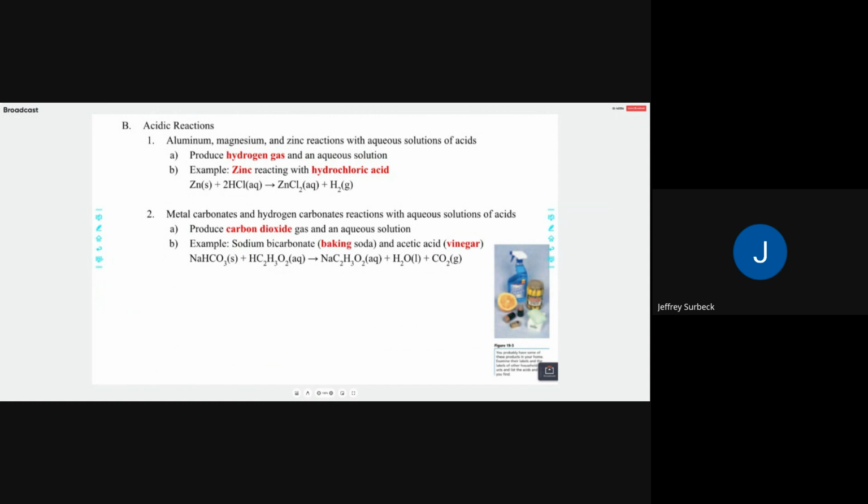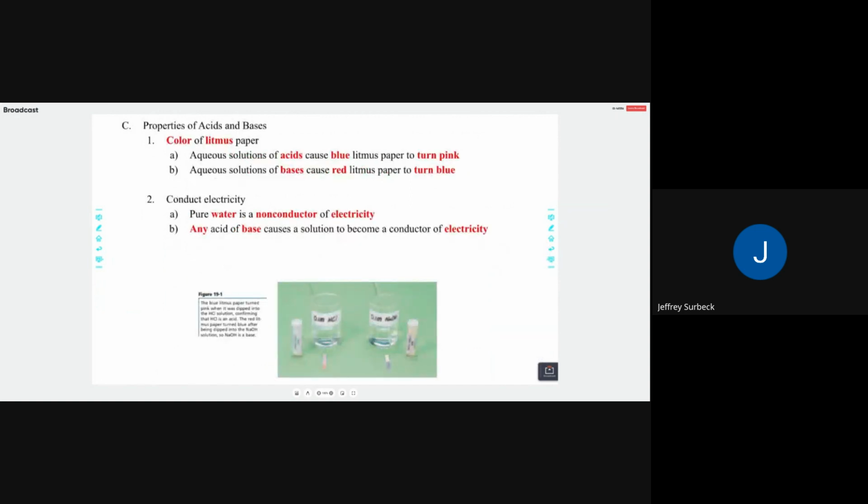So those are some of our basic building blocks. Now, with litmus paper, which we don't use a whole lot, acids are going to turn blue litmus paper pink, and bases turn red litmus paper blue. You have to make sure you have the correct litmus paper, and that it turns the correct color based upon what you have.